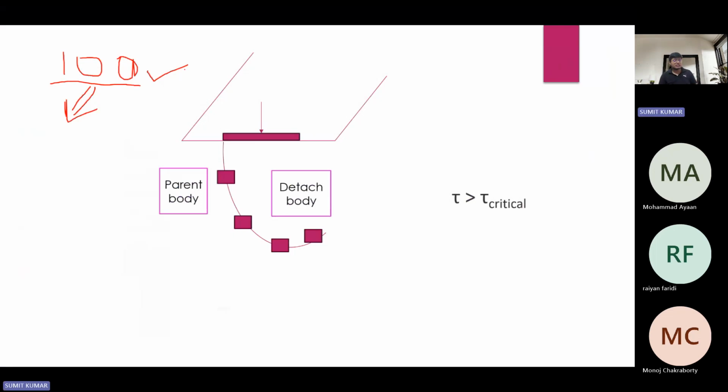Till the 100 kPa of applied stresses, the failure is not going to take place. But once the stress goes beyond the value of 100 kPa, the failure takes place.